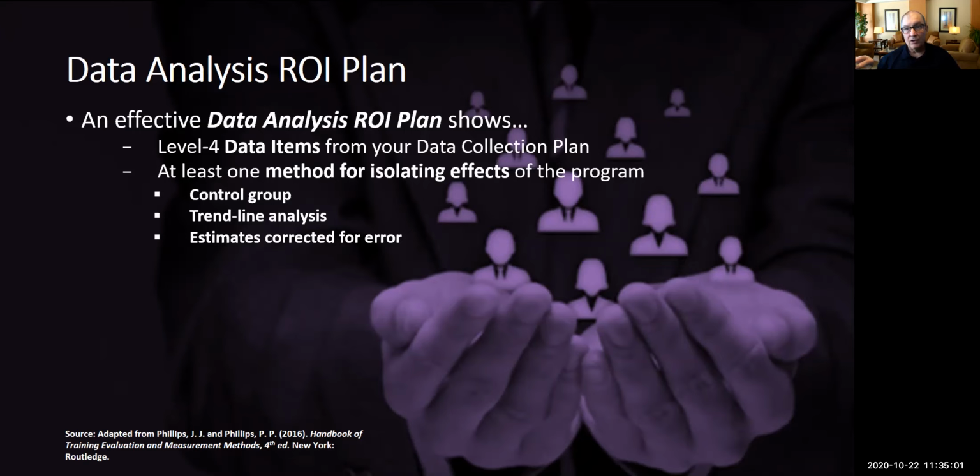What can you actually do? For instance, control group. There are certain circumstances in business environments where you just can't do it. For whatever reason, you can't set up decent control groups with a test group and a control group to do a comparative study. There are issues of cross-contamination from one to the next, and that kind of skews your data.